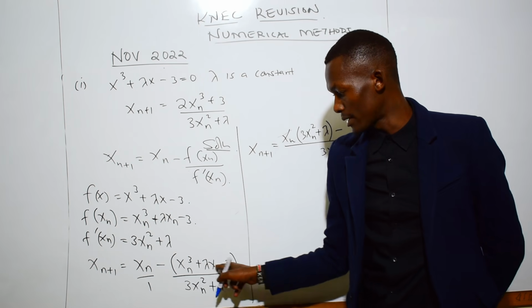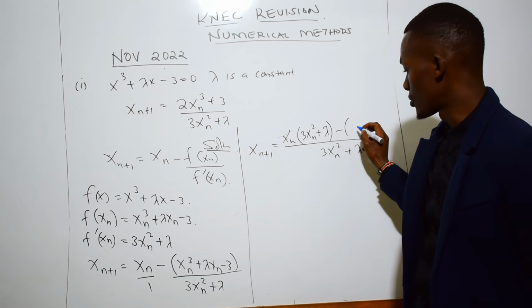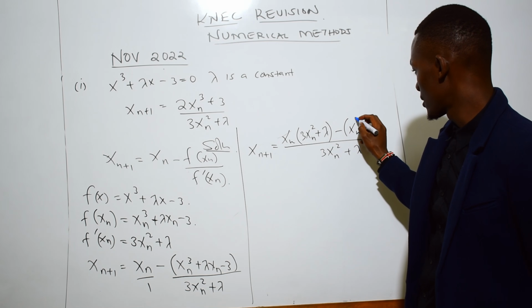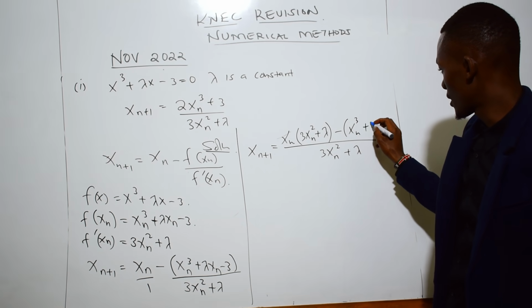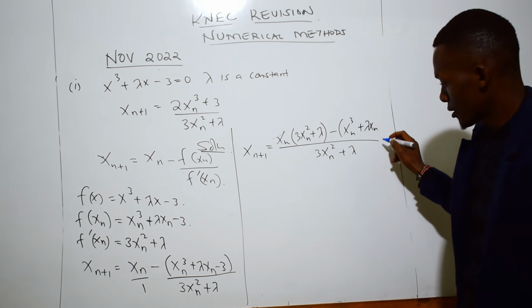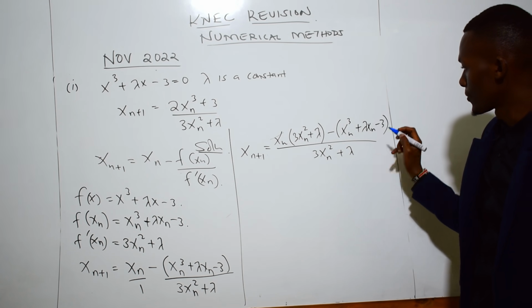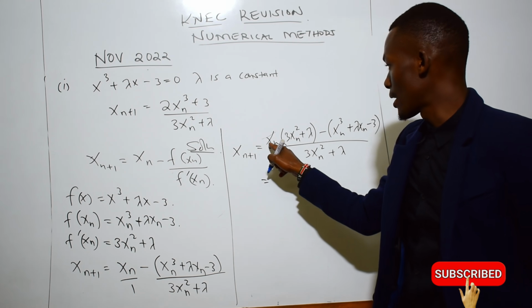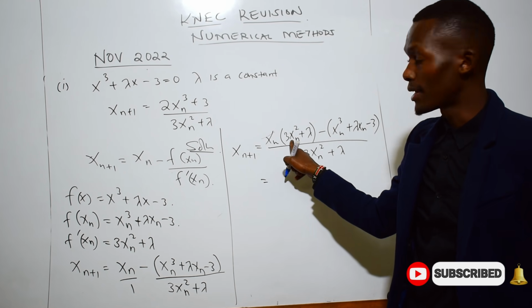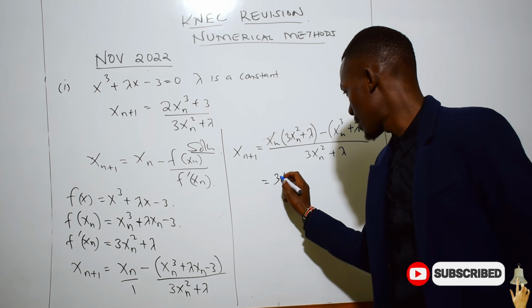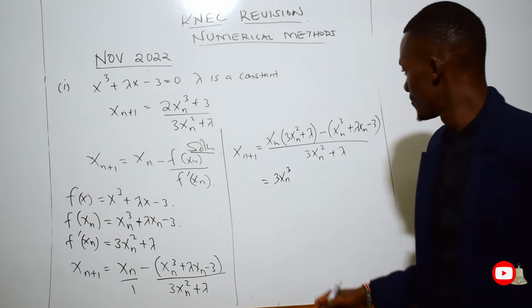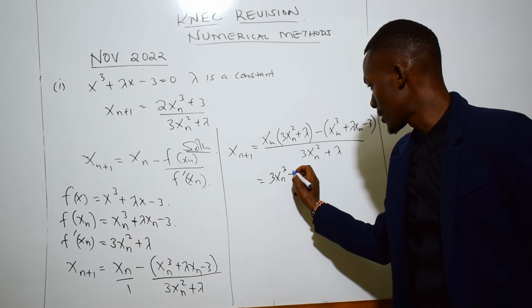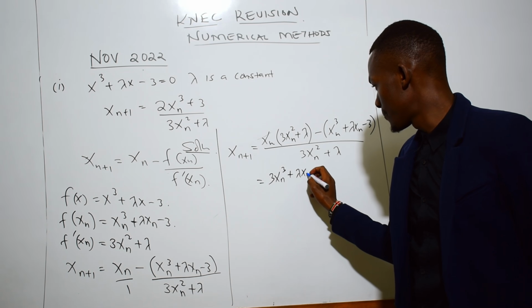So 1 multiplied by this just remains the way it is. Remember we still have our bracket. We have not opened that. So cubed plus lambda xn, then you have minus 3. Now opening this bracket, we have xn and we have xn squared here. So we will have 3xn cubed. Then this takes this, you have plus lambda xn.